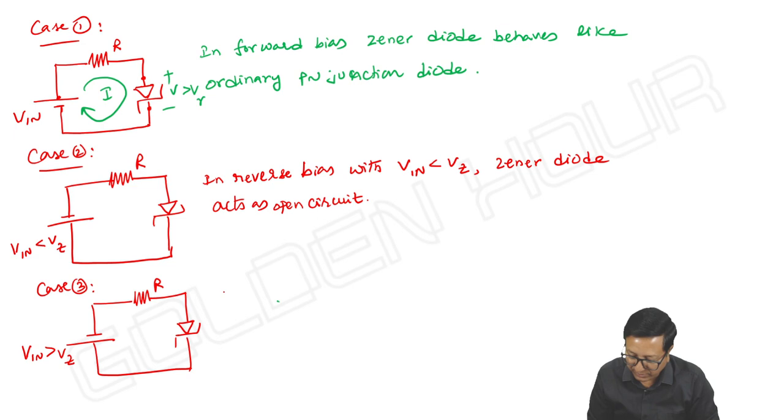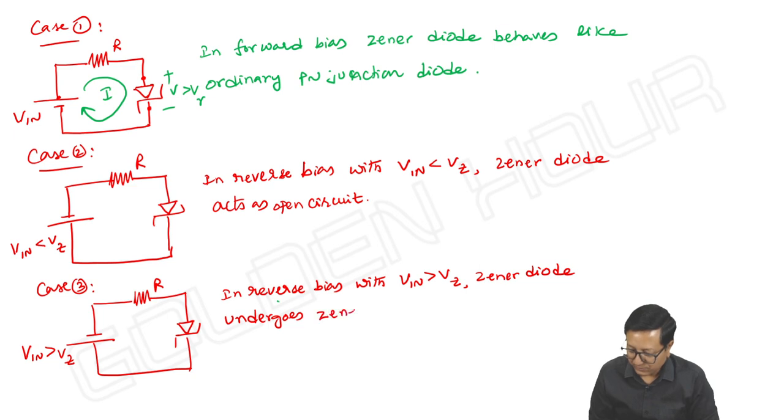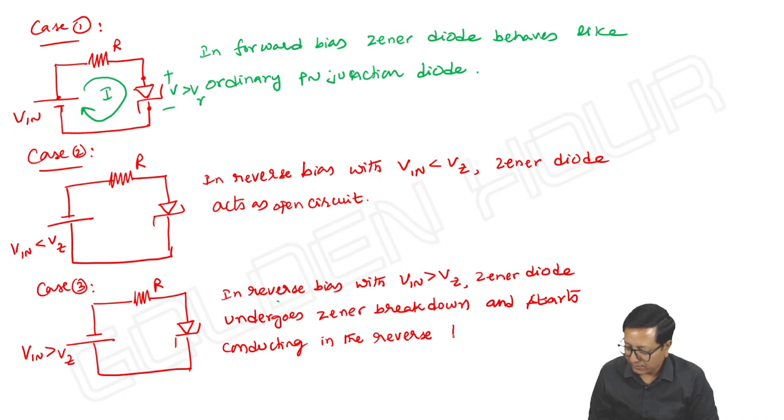So the Zener diode in reverse bias, with V input greater than Vz, starts conducting in the reverse direction, or the Zener diode undergoes Zener breakdown and starts conducting in the reverse direction.